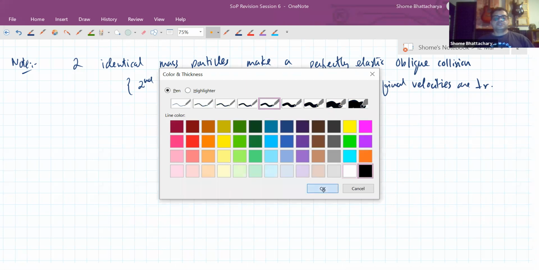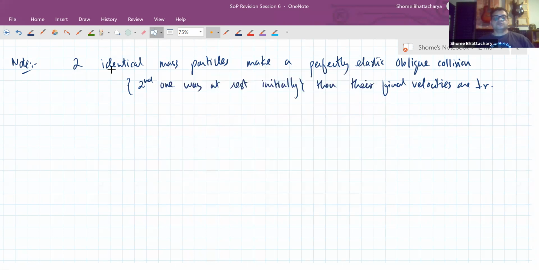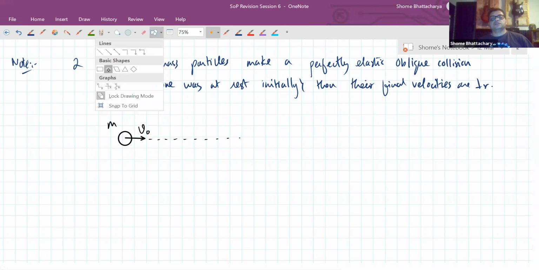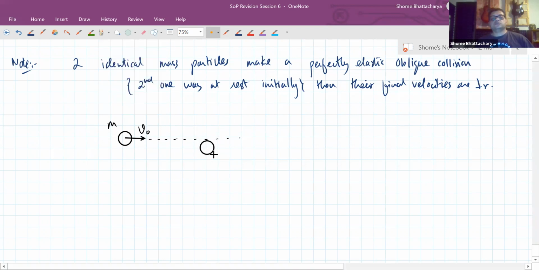So let's make a special case of the previous type of example we have taken, wherein, in that special case, this particle A of mass m is moving with a velocity v naught and hits another identical mass body, or identical mass disk or sphere or whatever, at rest, and the coefficient of restitution is 1.